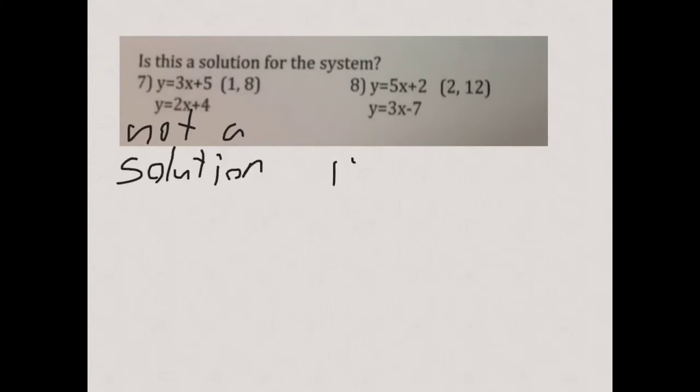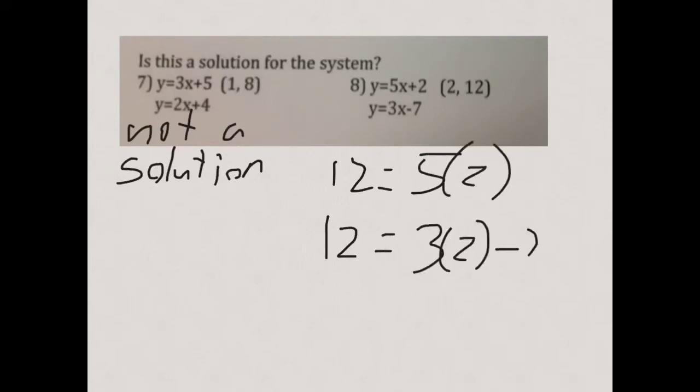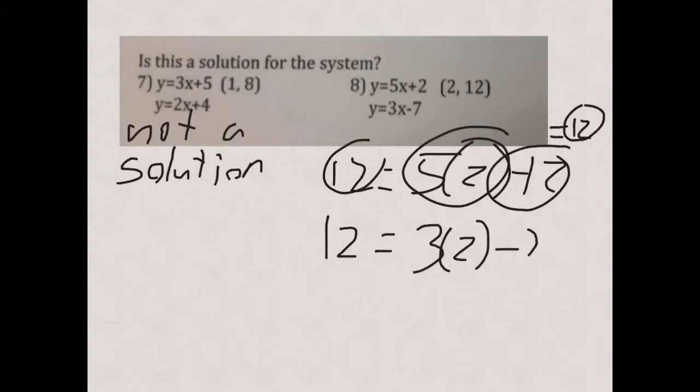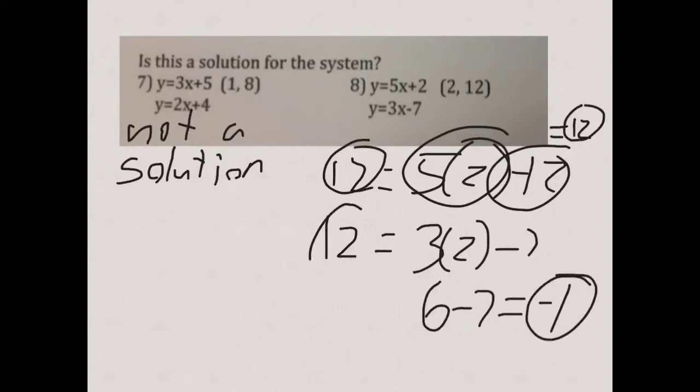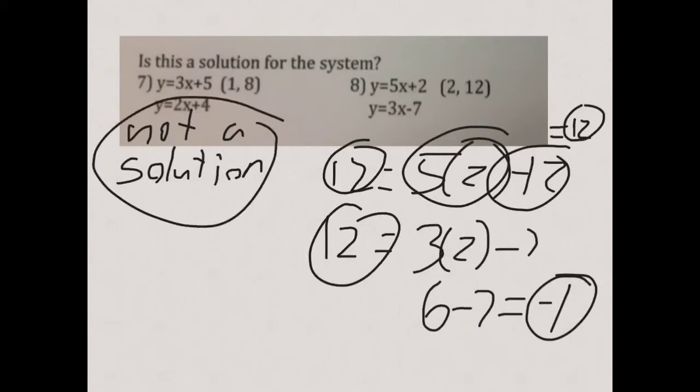So, same thing here. 12, 12, 5 times 2, 3 times 2, minus 7 plus 2, 10 plus 2, 12. So that works. 6 minus 7, negative 1. Whoops. Again, it's going to be not a solution.